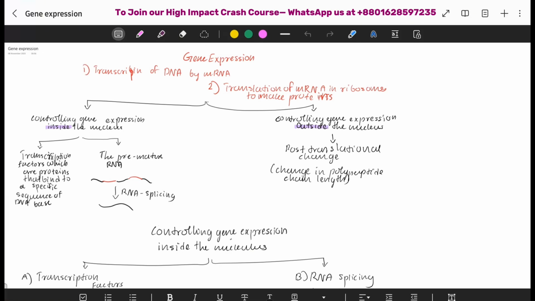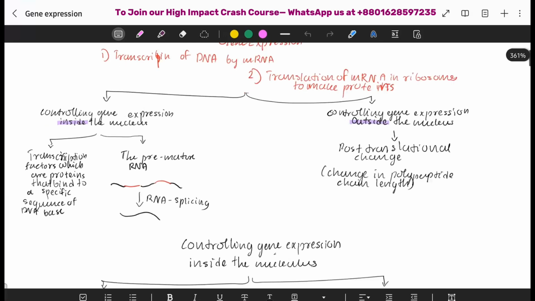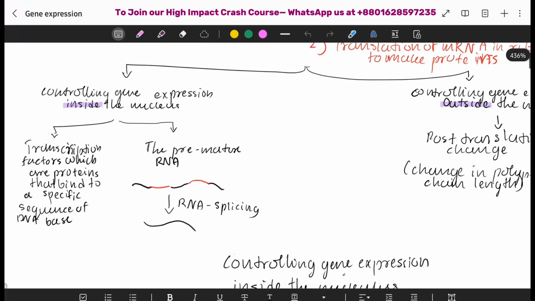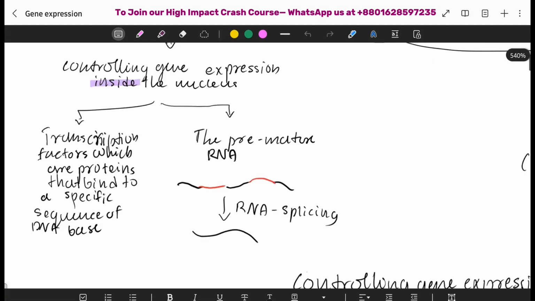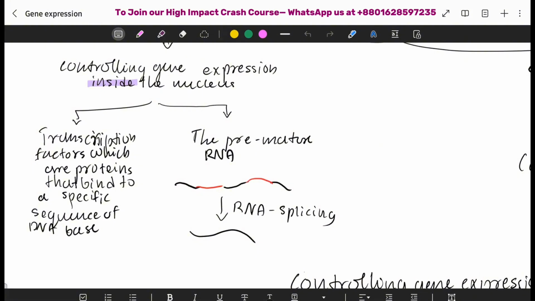And controlling gene expression inside and controlling gene expression outside. So there are two things, inside and outside. For inside, the transcription factors, the proteins, will bind to a specific sequence of DNA bases. And the premature RNA and RNA splicing will occur, we know, right?